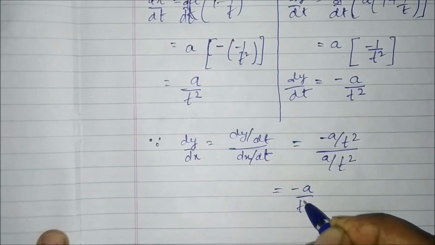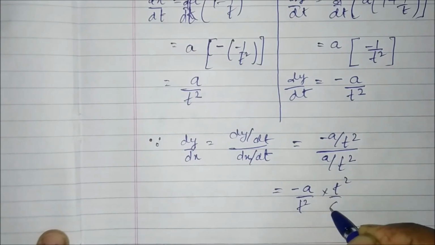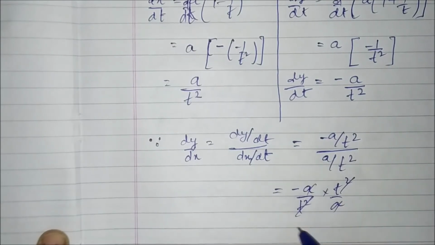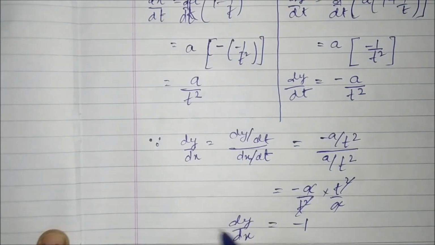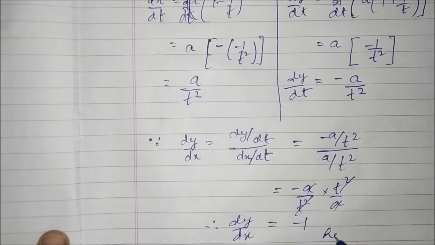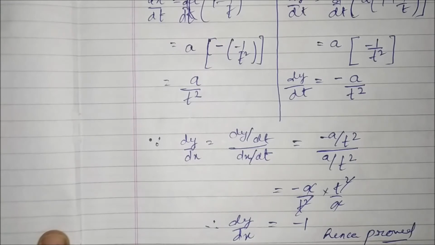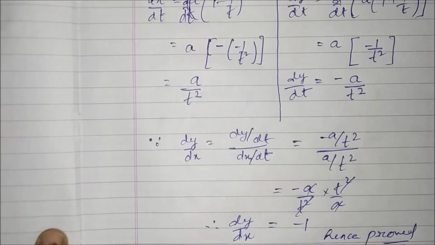Arranging, we get this here. So all we cancel out, we get minus 1. Therefore we have dy by dx equals minus 1. Hence proved. See, it is very easy, na?